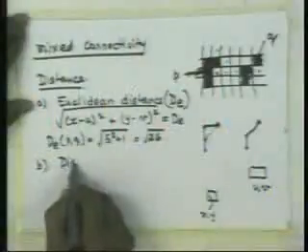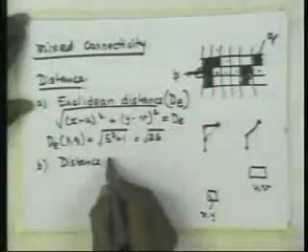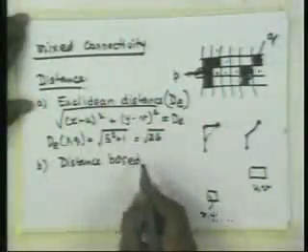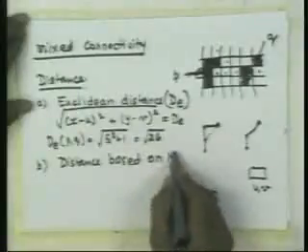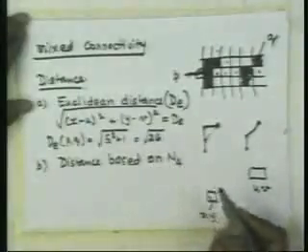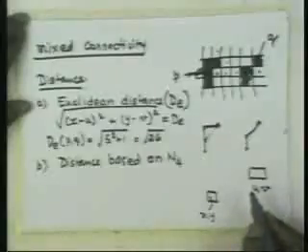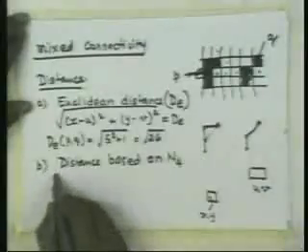Now another way we can define distances is if we look at the 4 neighborhood. So distance based on N4, if I look at that distance, that will be what is also called city block distance.